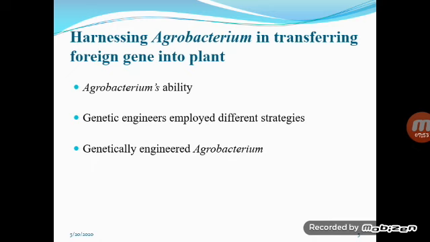Students, here disarmed T-DNA region means to remove some kind of genes from the Ti plasmid, or simply say replacement of some genes with desired genes and selectable markers, along with some other sequences such as unique restriction sites added as per requirement.